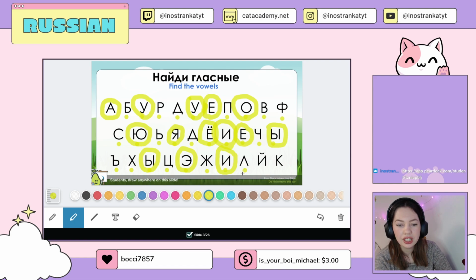L. No. И краткая. No, it looks quite alike with E, but this little thing on the top shows that little smile that, aha, I'm tricking you.